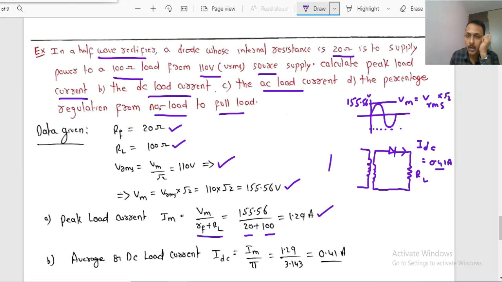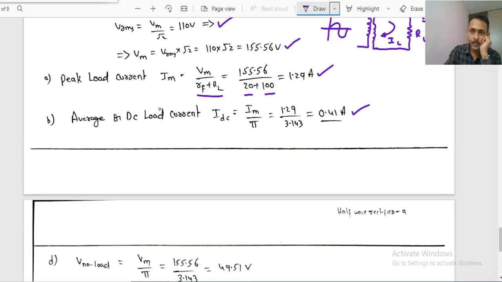Here you have applied the input voltage, right? Diode forward bias, half wave rectifier. Current is flowing through like this. Current IL through the diode, right? Now whatever the DC value IM by pi, IM just now we have calculated 1.29 divided by pi, it is 0.41 amps, right?